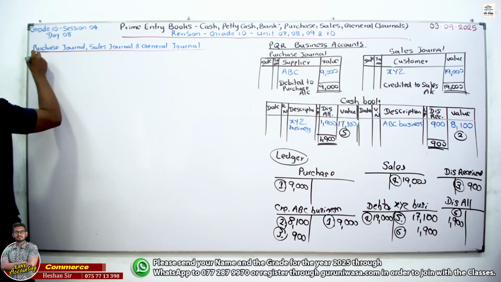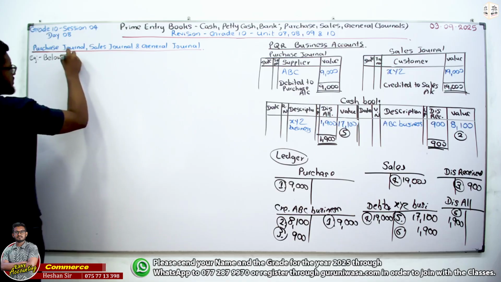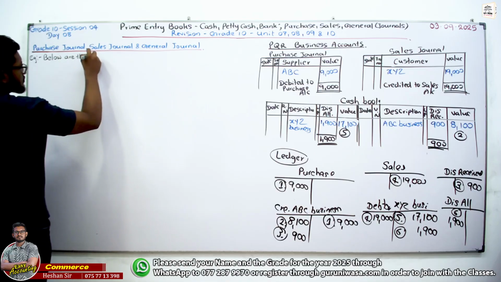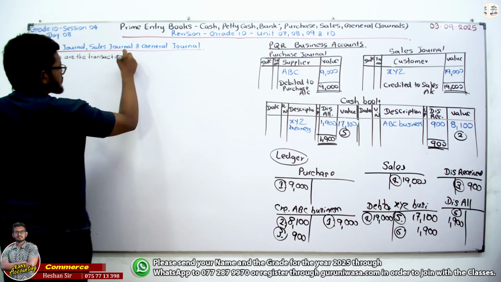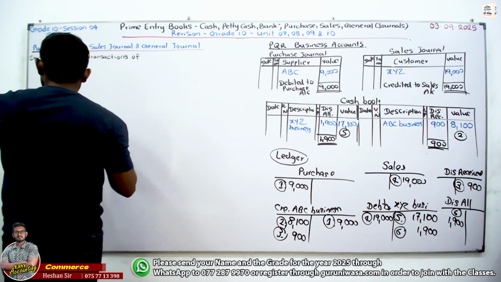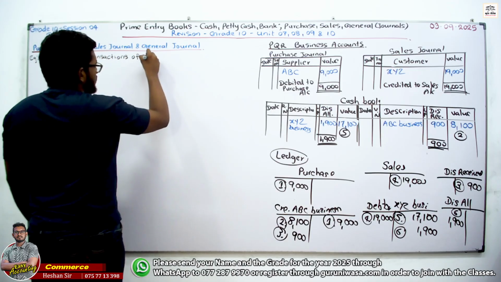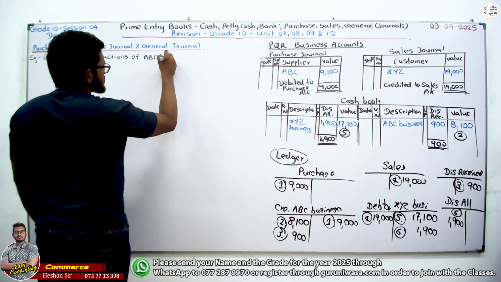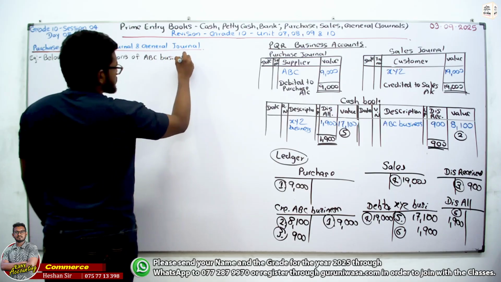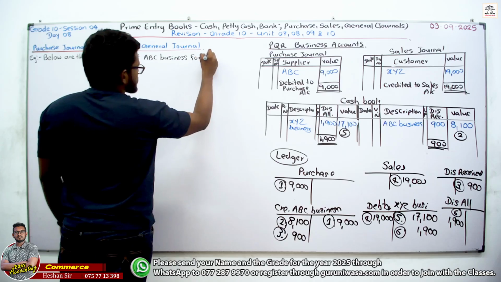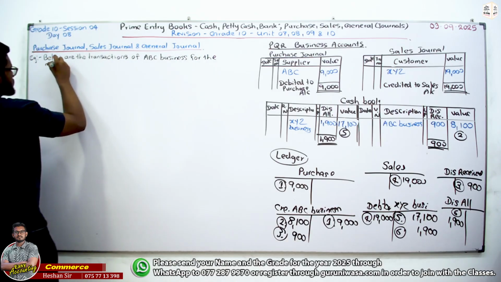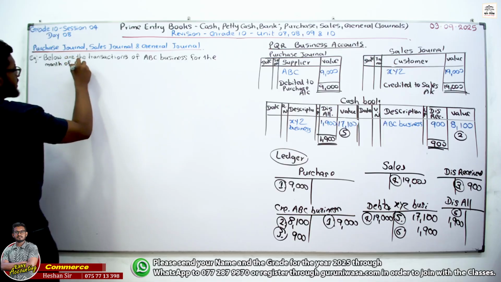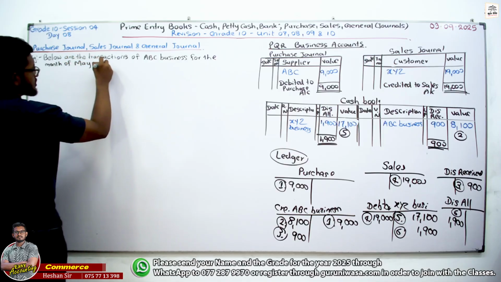Example: below are the transactions of ABC business for the month of May 2025.